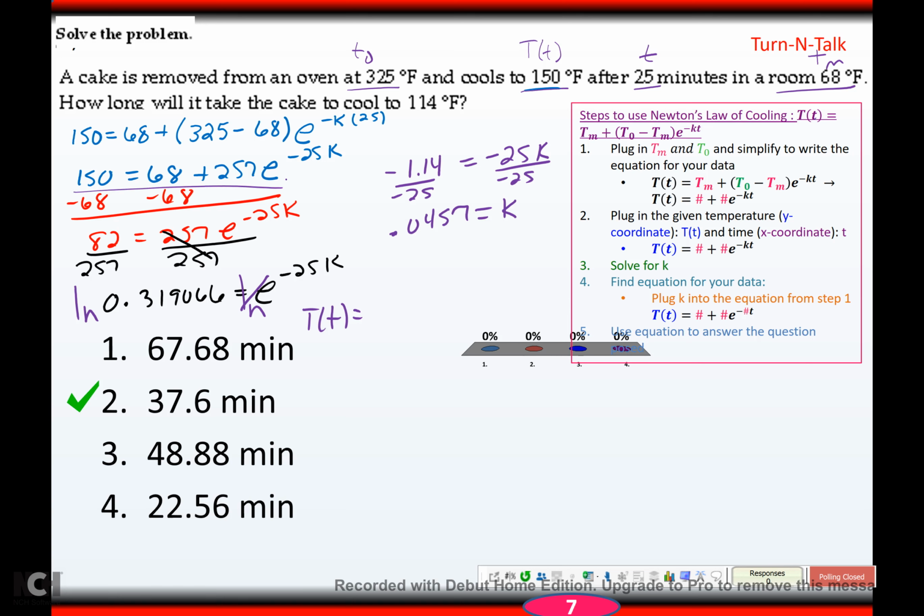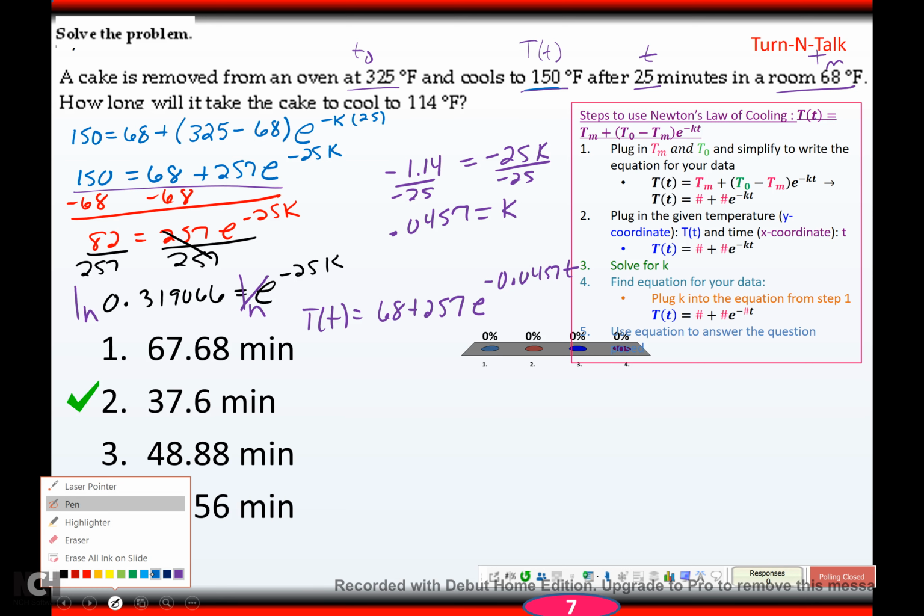So now if I write my function, the final temperature will be 68 plus 257e to the negative 0.0457t. And now I can use that equation to answer the question, how long will it take to cool to 114?